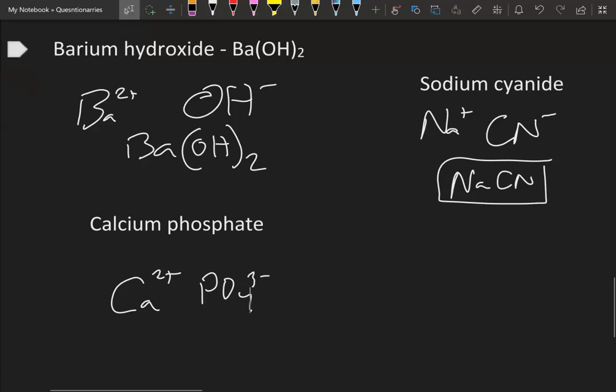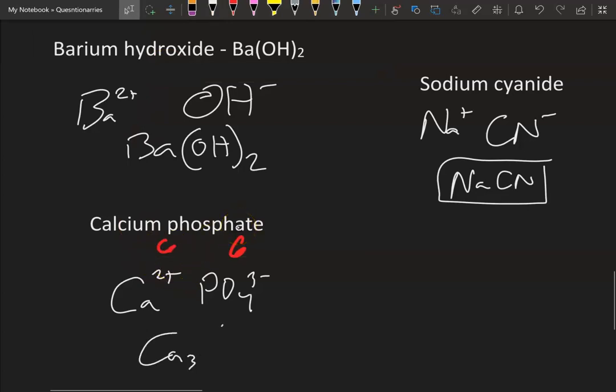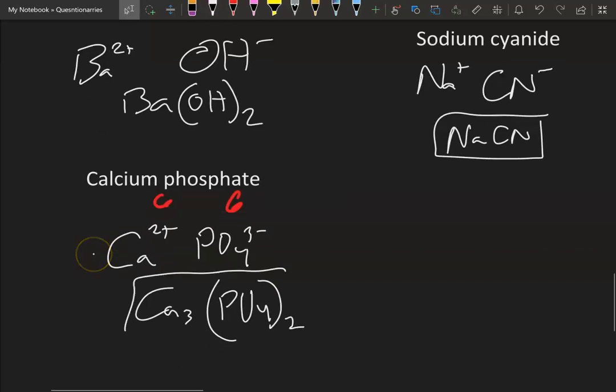A common number between these two would be 6, and then you just divide it out. So 6 divided by 2 gives me 3 calciums, and 6 divided by 3 gives me 2 phosphates. So this would be the formula for calcium phosphate.